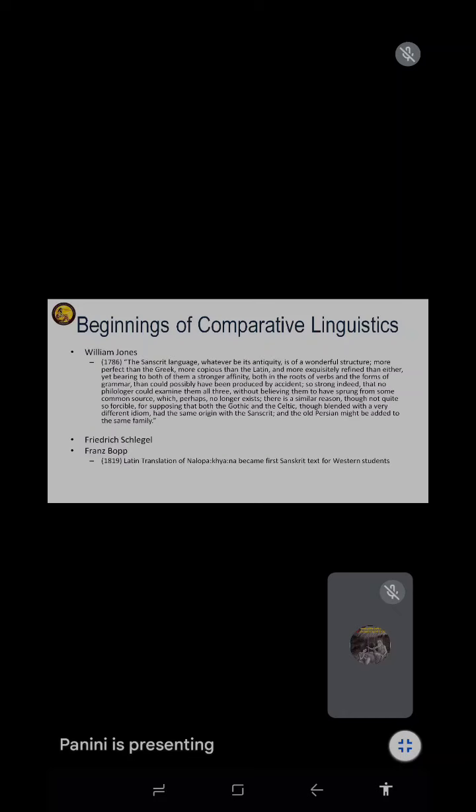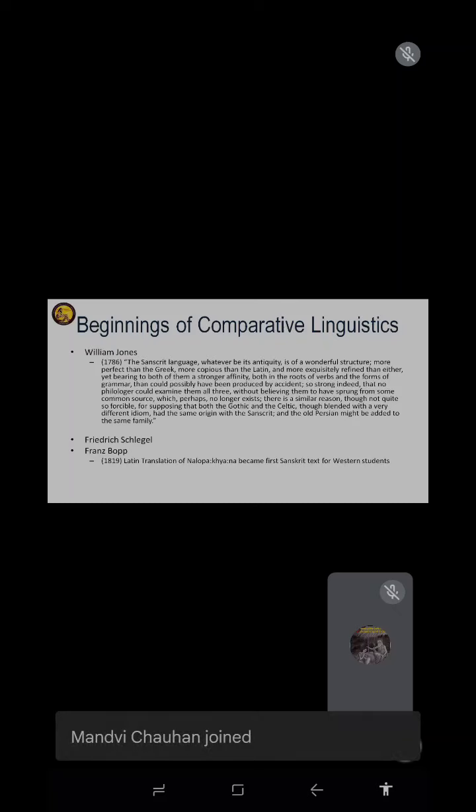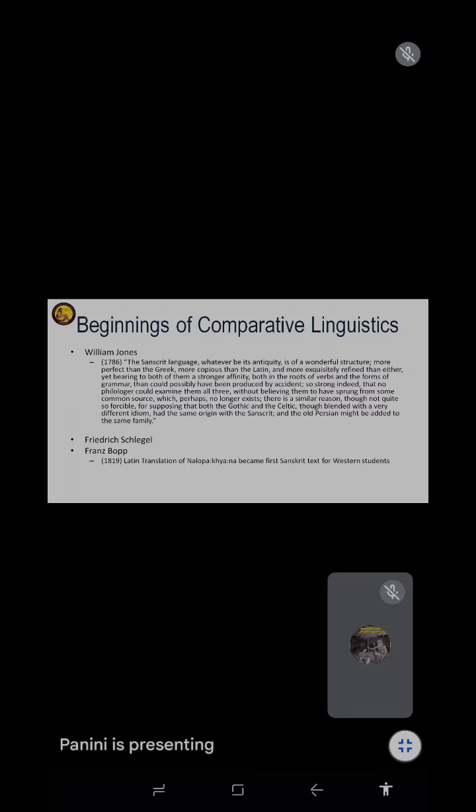So strong indeed that no philologer could examine all three without believing them to have sprung from some common source. So there are two main lines in the statement. One is that it has a wonderful structure. The other is that it has a close affinity with Greek and Latin, and they must have sprung from some common source.